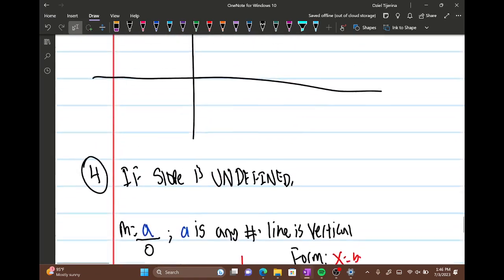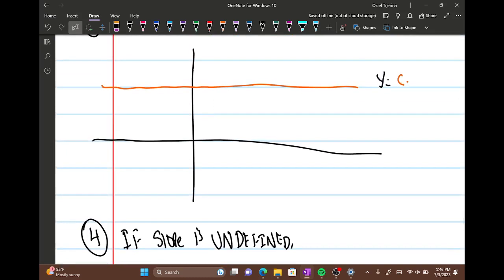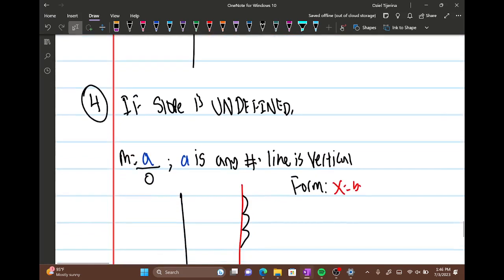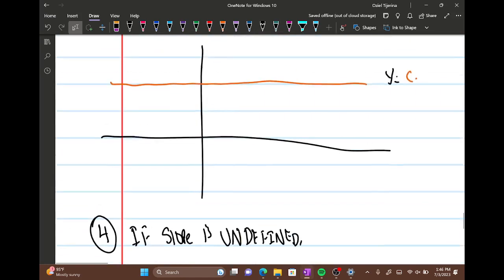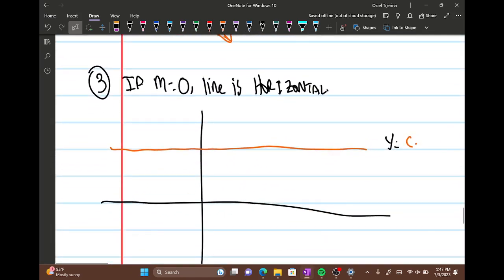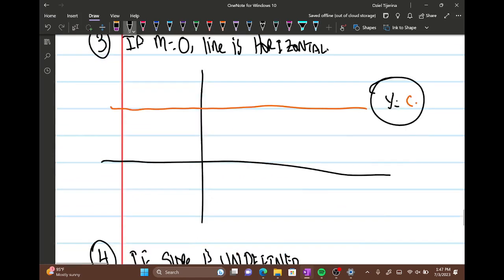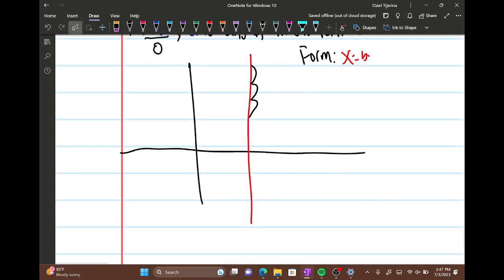When there's a number on top, it can be any number, it doesn't matter, and there's a 0 at the bottom, the slope is undefined and the line is vertical, meaning that it's going to be x equals something. We want to remember that difference: y equals something, x equals something. This is y equals some number c, and this would be x equals some number b.